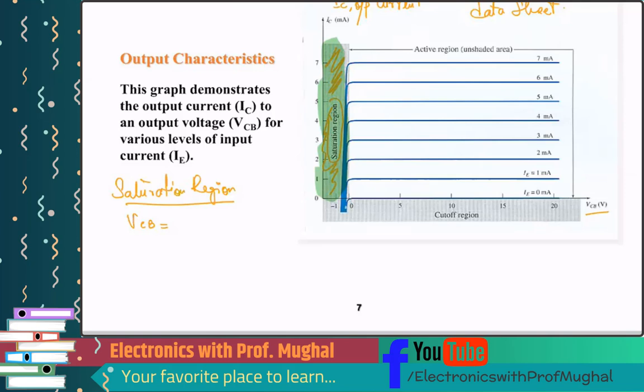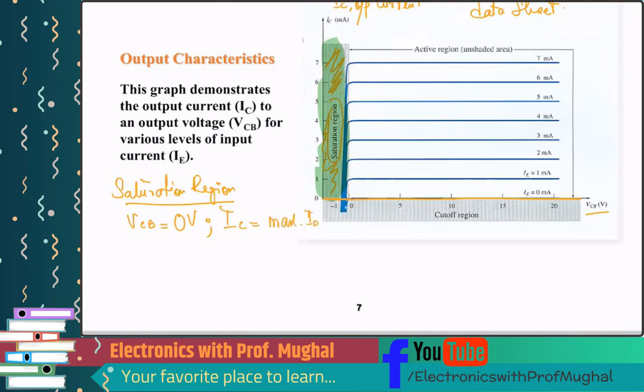If you look at the x-axis and at the saturation region, these values are 0 and negative, right? So VCB is going to be 0 volts. What about the current IC in this green region? The current is going to be maximum, some maximum value.